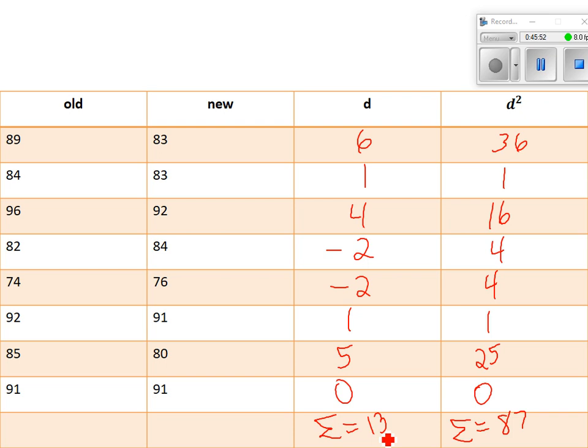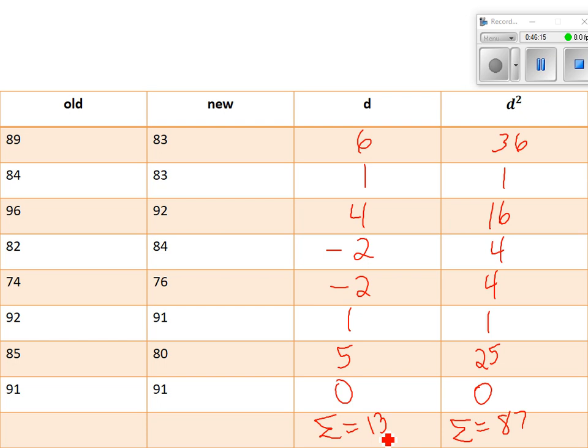Then to find our SD, the standard deviation of the differences, somebody tell me, make sure I'm not doing this formula wrong. What's it give first on that formula for SD? Sum of D squared.